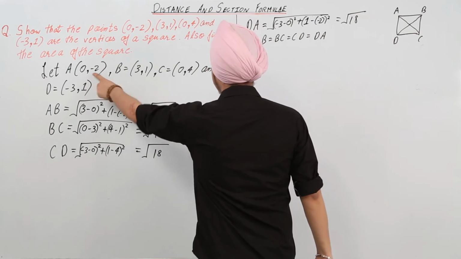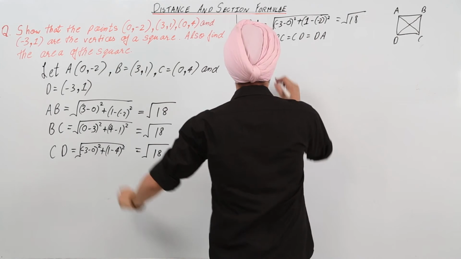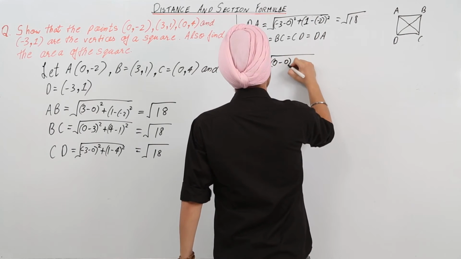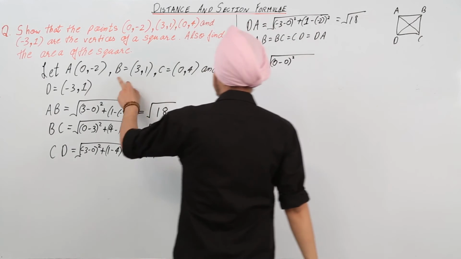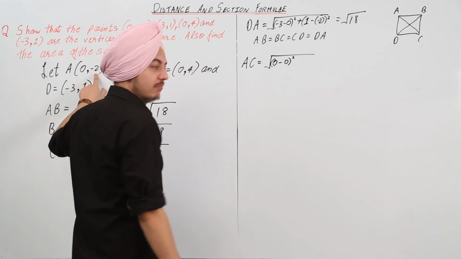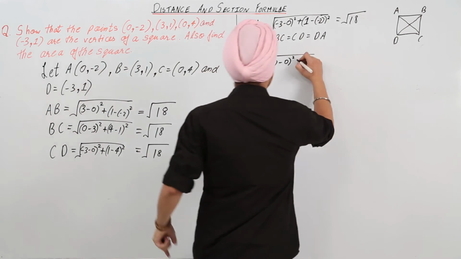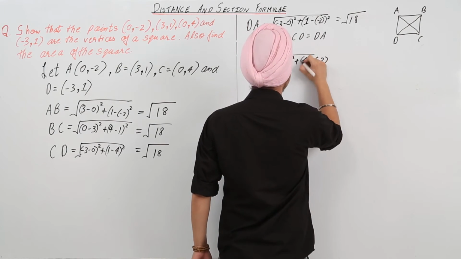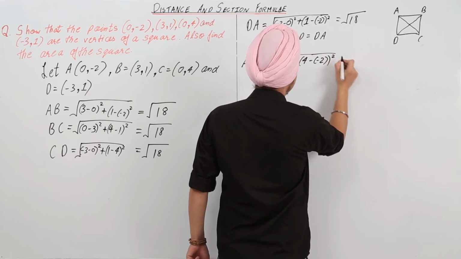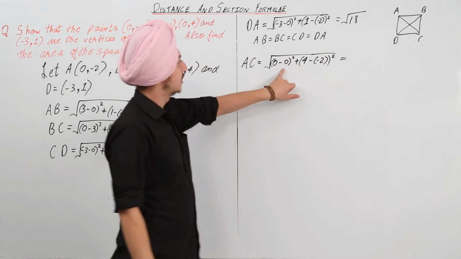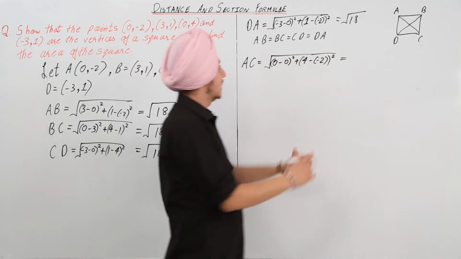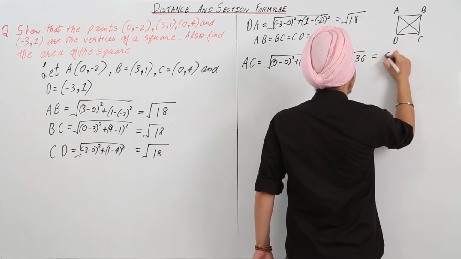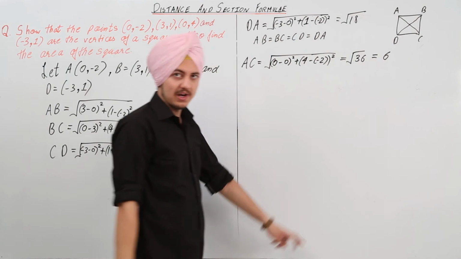So we have the square root of (0 - 0) whole square plus (4 - (-2)) whole square. So this is equal to 0 plus 6 square, that is equal to the square root of 36, that is equal to 6. Am I right?